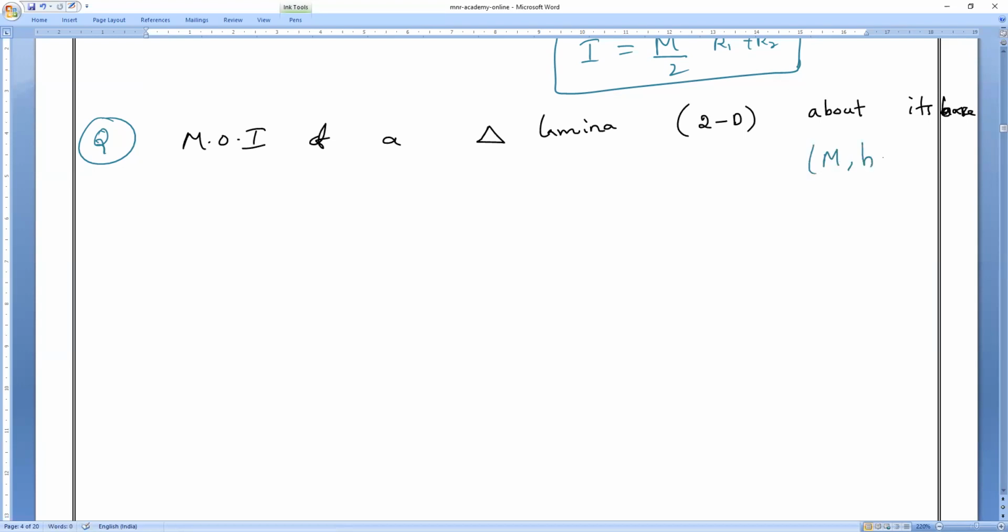The mass of the triangle is M, the height of the triangle is H, and the base of the triangle is B. Now all of you check it.